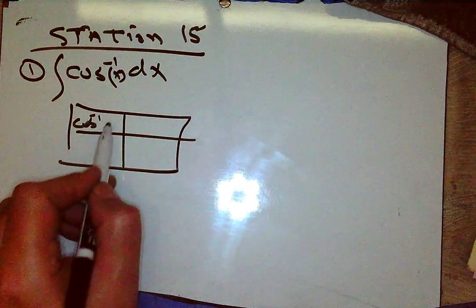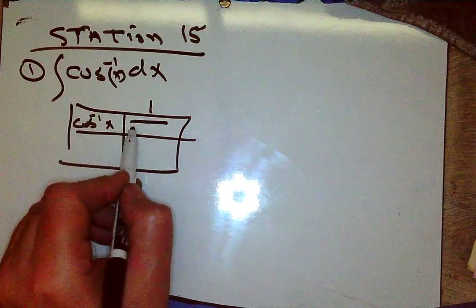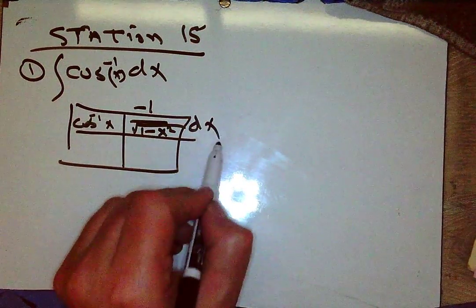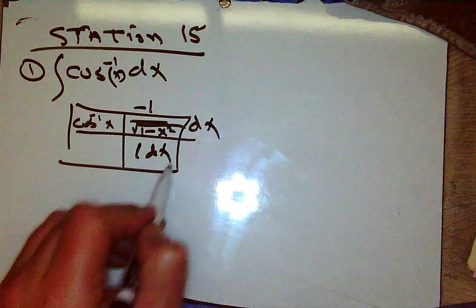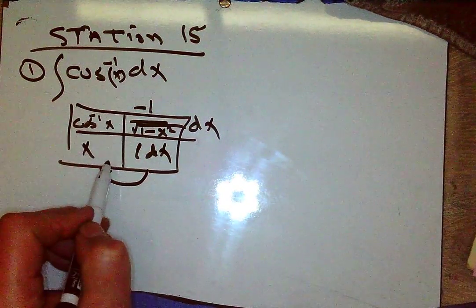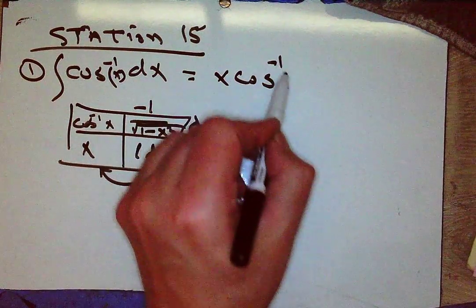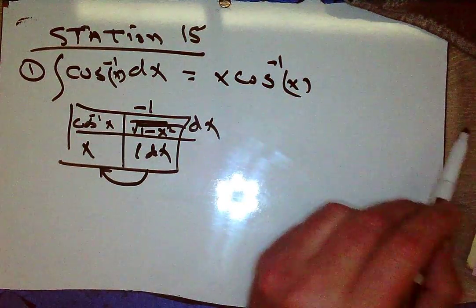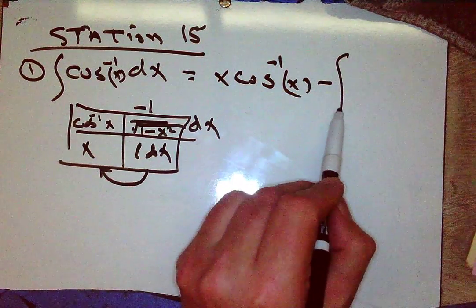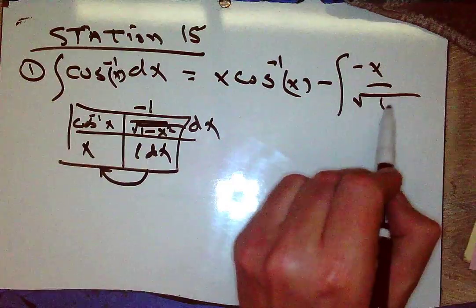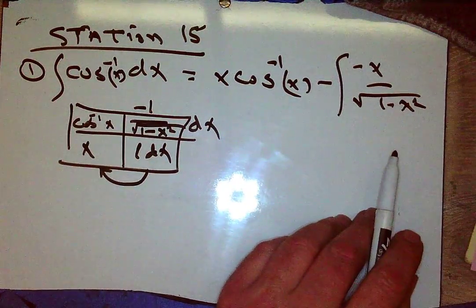Well, we put the thing we know how to take the derivative of, and 1 dx. So we're going to have x cosine inverse x minus the integral of negative x over square root of 1 minus x squared.